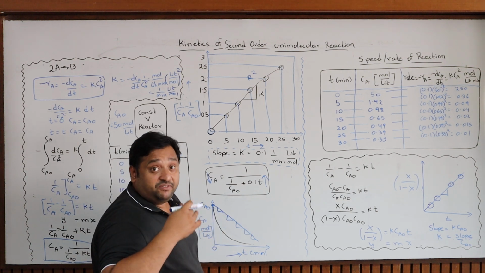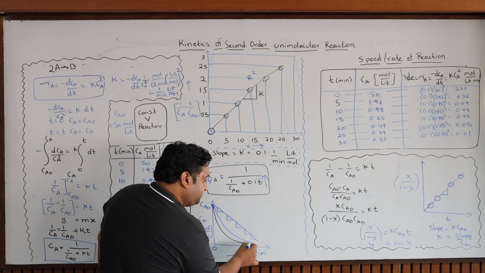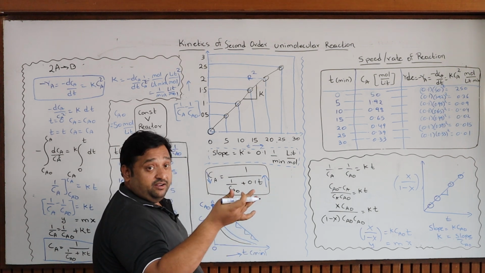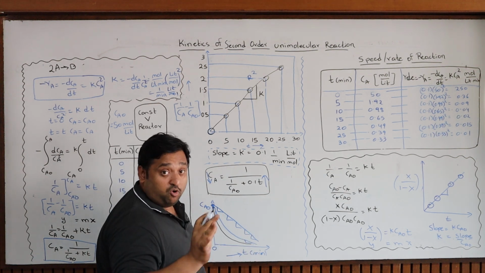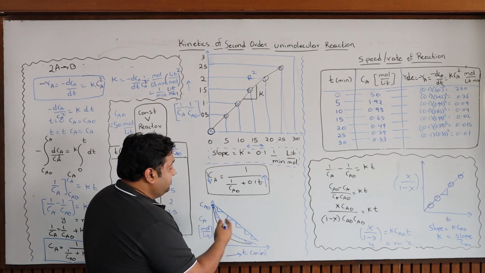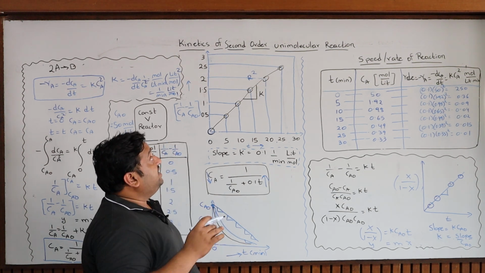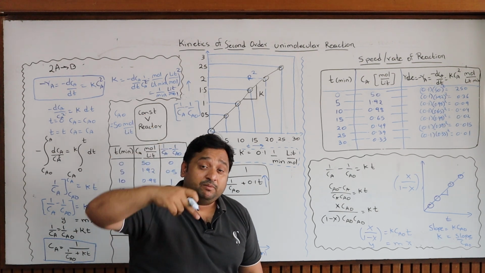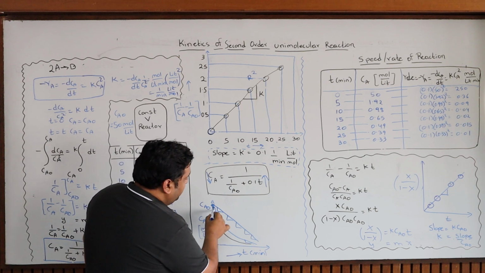And when you talk about the first order reaction, it is a logarithmic line. That means the speed of the reaction at the initial time will be higher and the speed of the reaction at the later time will be lower. Similarly, if you draw the same analogy, for second order reactions the curve will be even steeper.